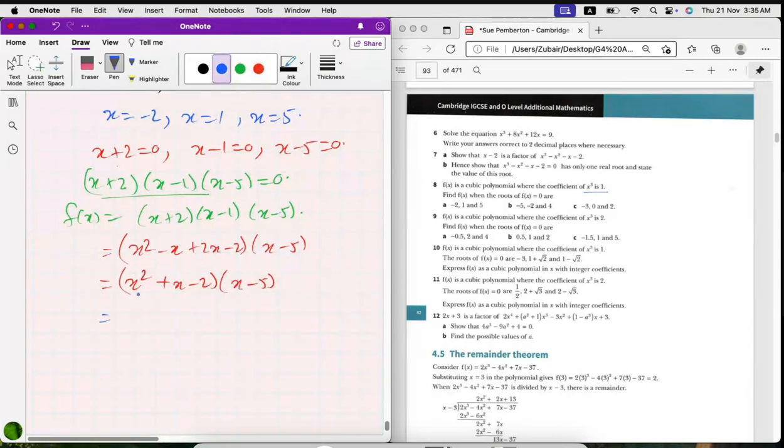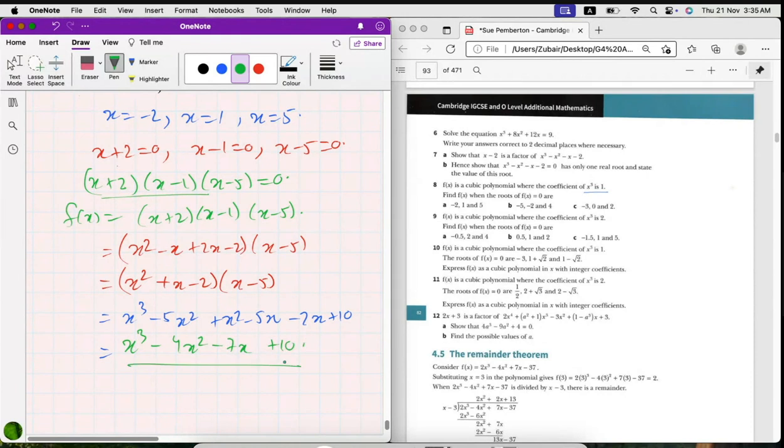Now we multiply: x cube minus 5x square plus x square minus 5x minus 2x plus 10, which gives x cube minus 4x square minus 7x plus 10. So from roots, we got the polynomial in reverse order.